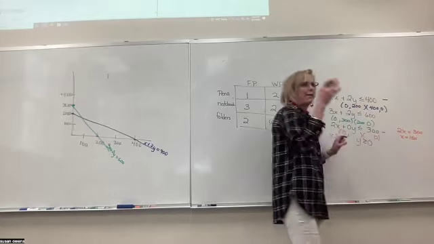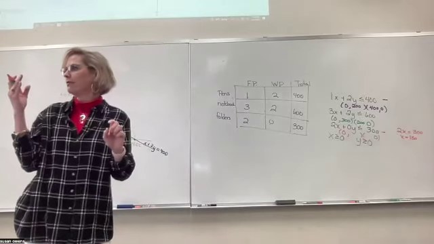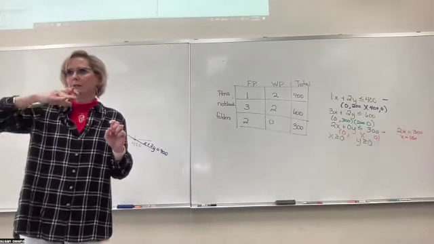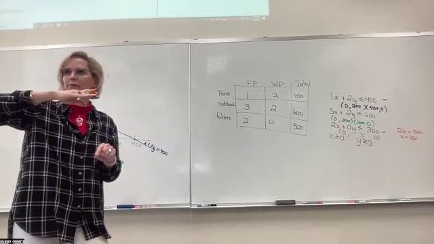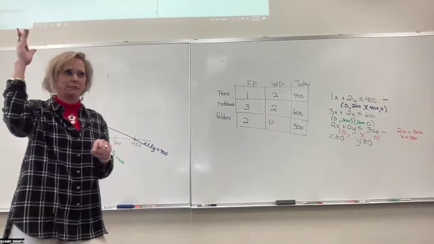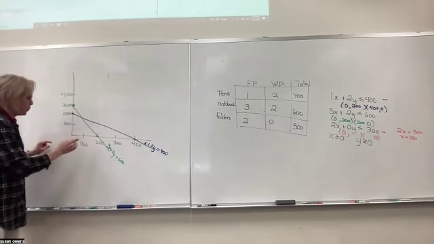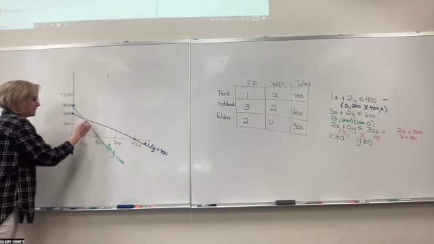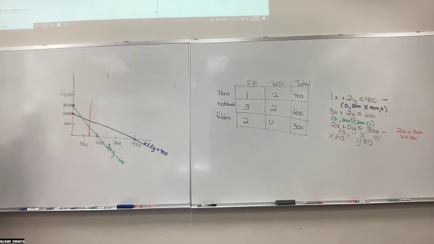Remember that when we have x equals something, what kind of line does that make on a graph? Vertical or horizontal? Which one is impossible, right? Because we would be dividing by 0 if we divided by the y. Is that a vertical line or horizontal line? Vertical. It's a vertical. The x value is always 150. So we go to the x at 150 and draw a vertical line.